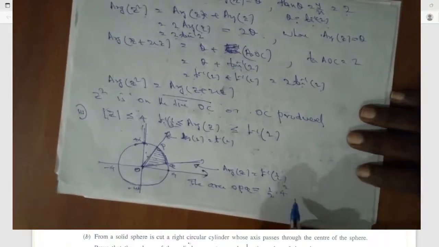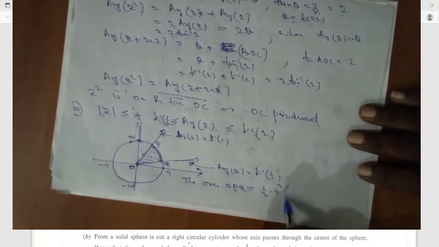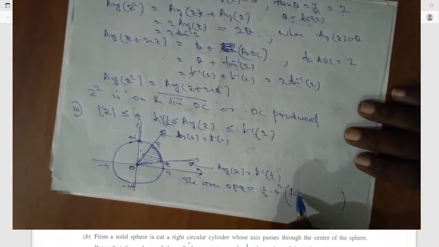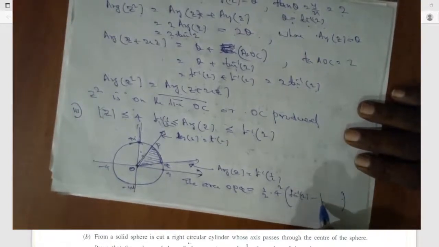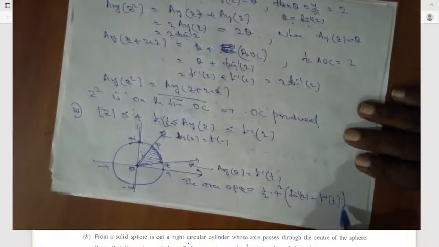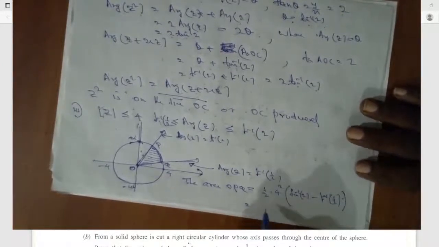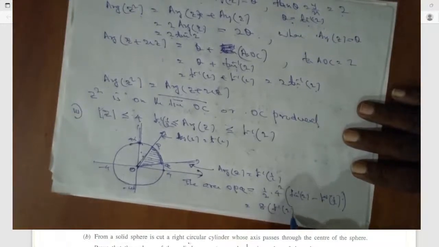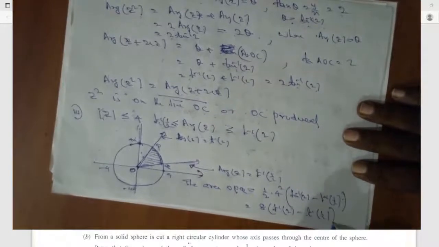What is the angle of this sector? Tan inverse 2 minus tan inverse half. Right? This much. That is 8 times tan inverse 2 minus tan inverse half. Okay?